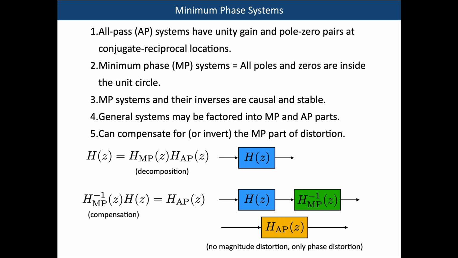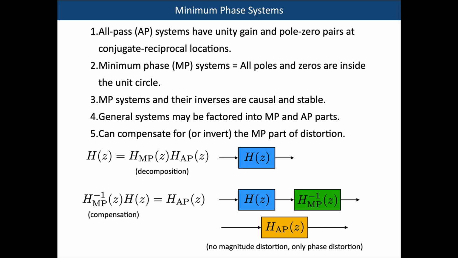Minimum phase systems have all their poles and zeros inside the unit circle. So immediately you see that Allpass systems are not minimum phase because they have a zero outside the unit circle.